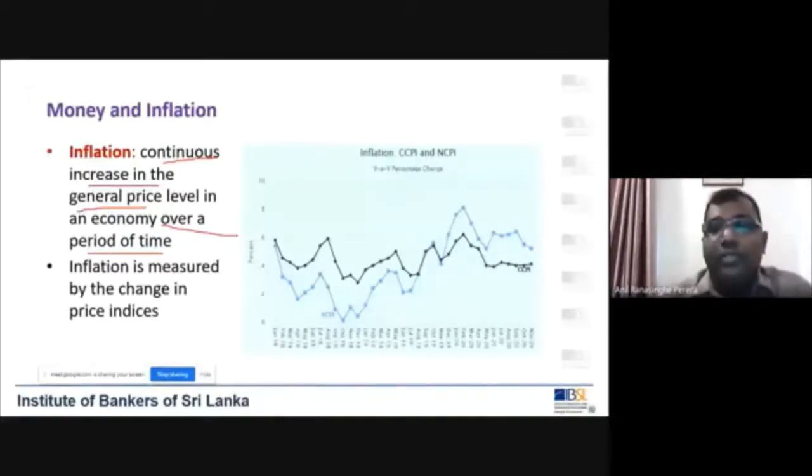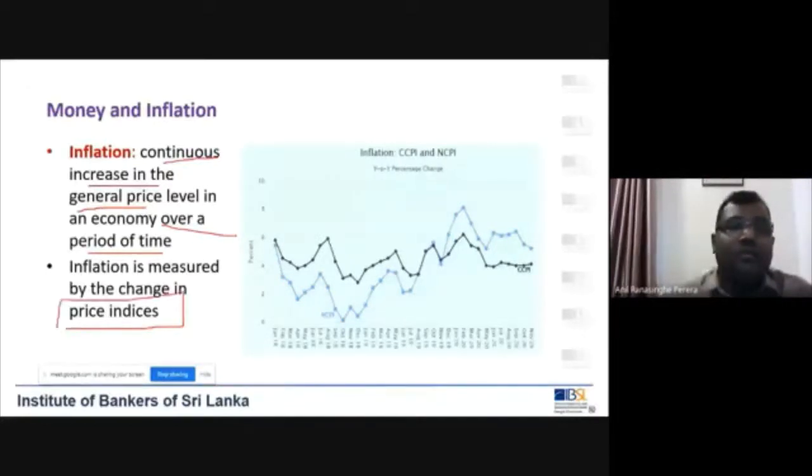So, how can we identify inflation, a continuous increase in the general price level? For that matter, in the economy, we use price indices. But if it is only one, we can call it a price index.